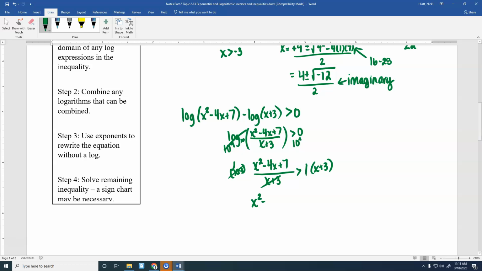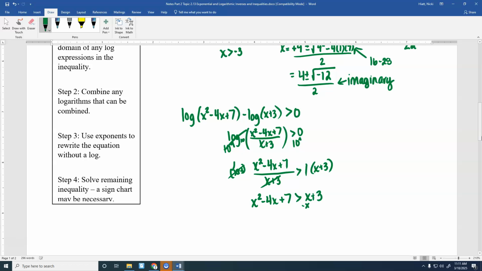So I've got x squared minus 4x plus 7 is greater than x plus 3. And we might get confused on what to do here because we have so many things to remember. But if you see a quadratic, with an inequality or not, in general, move everything to one side. Try to factor; if not, the quadratic formula is there.